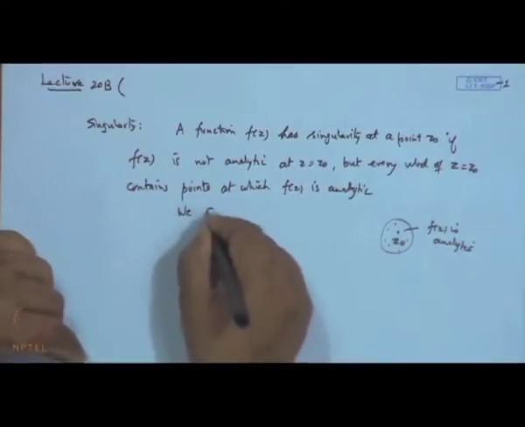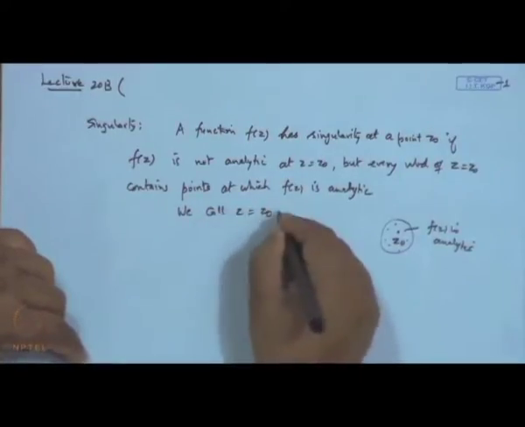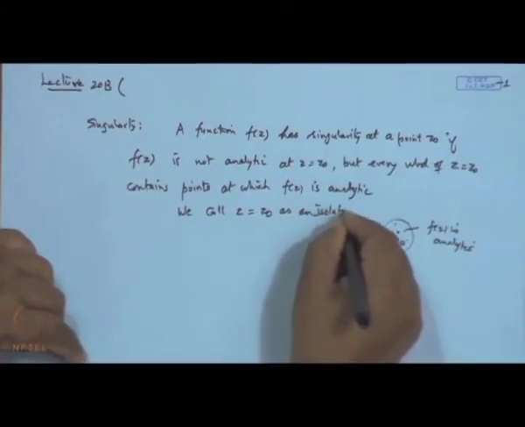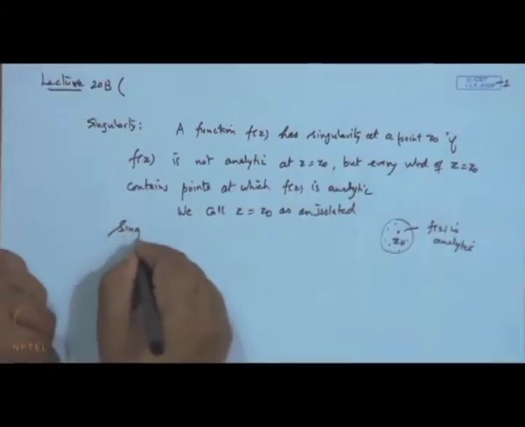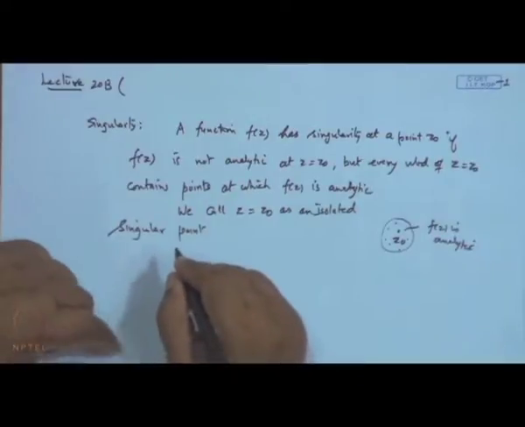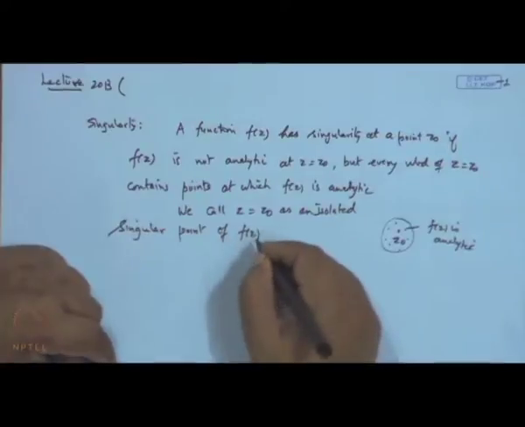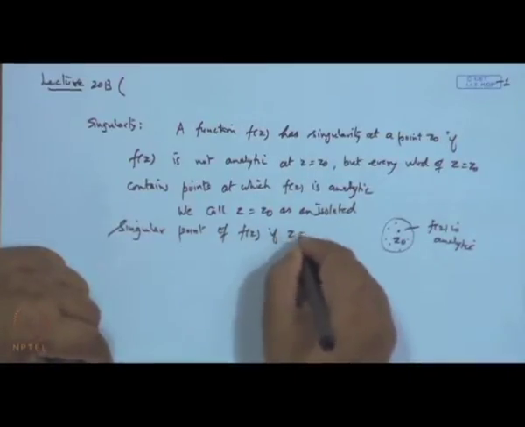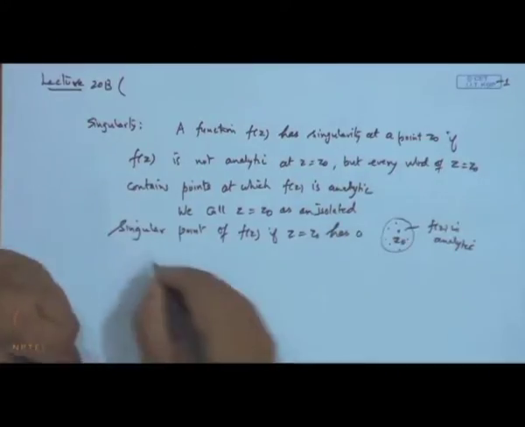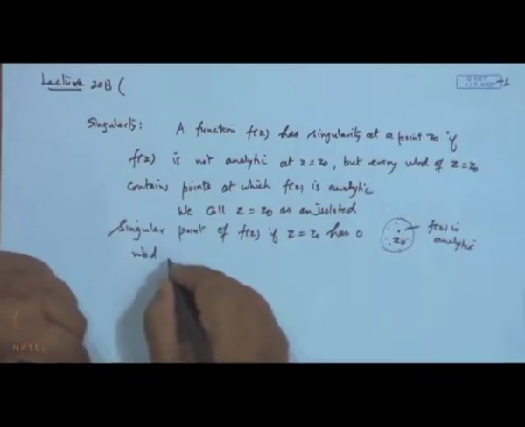So, we call the point z naught an isolated singular point of f z if z equal to z naught has a neighborhood without further singularities of f z.